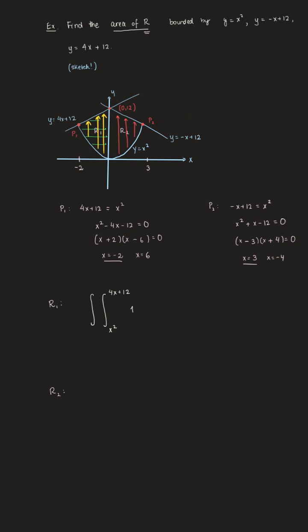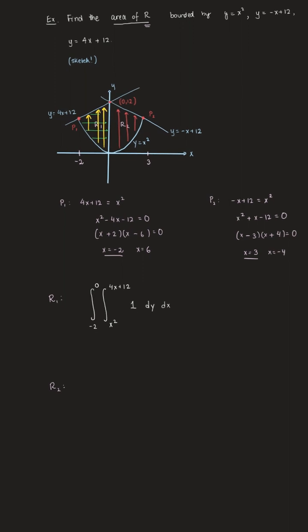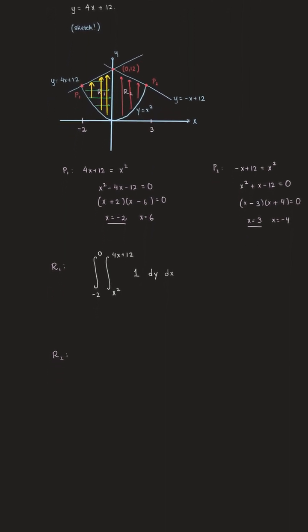Since we just want area, f of xy will be 1, and this was with respect to y. When we integrate region 1 with respect to x, we're going to take our x values from negative 2 to 0. You can see in the diagram those are the lines represented in green.